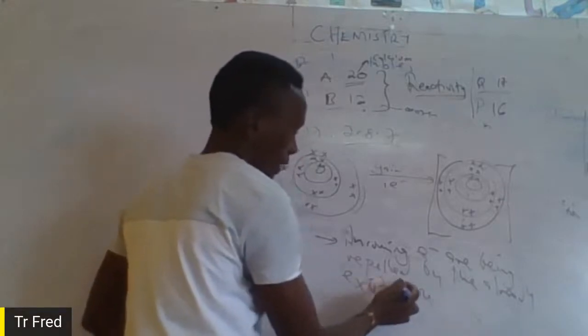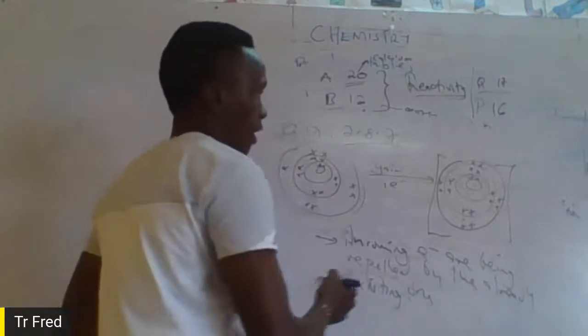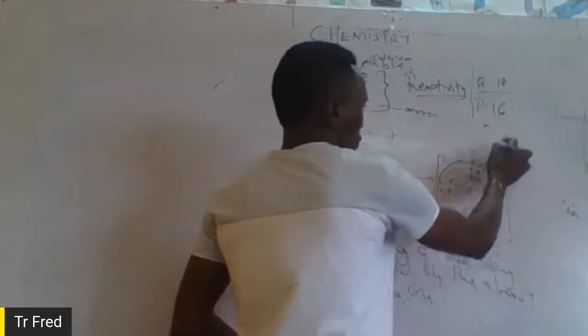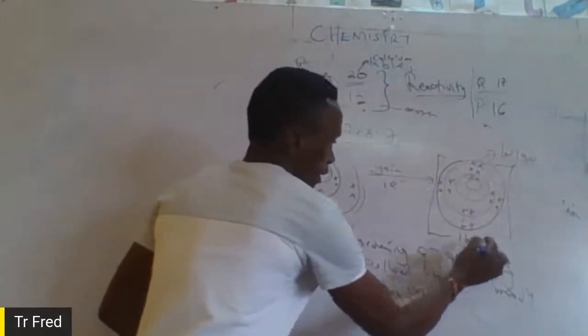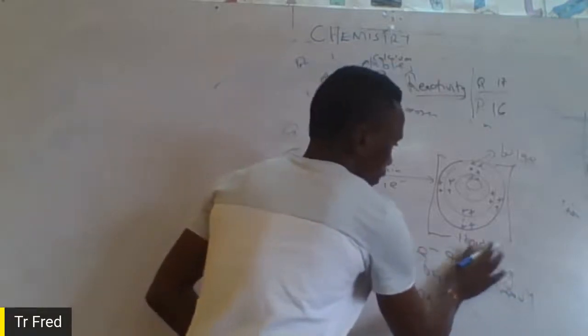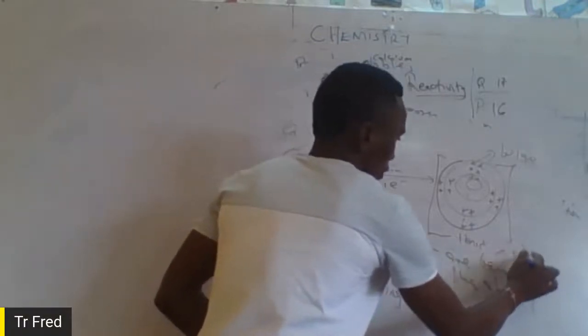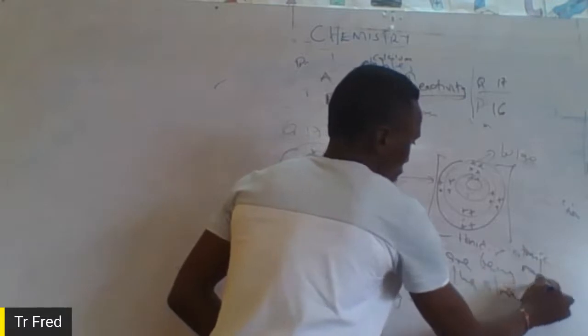This kind of repulsion is what causes the outermost electrons to spread out, and therefore the ionic radius is greater than the atomic radius.